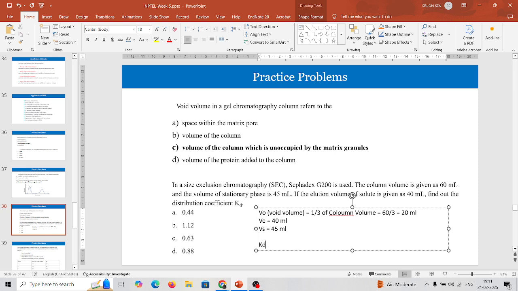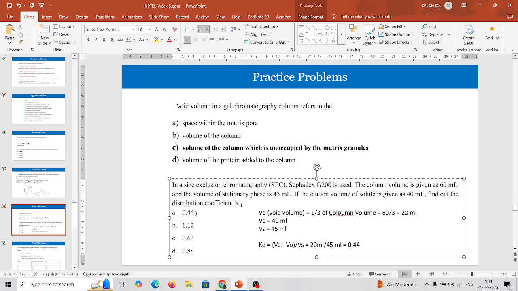So now KD, so 20 ml. 20. So yeah, no, A is the correct option. 0.44.